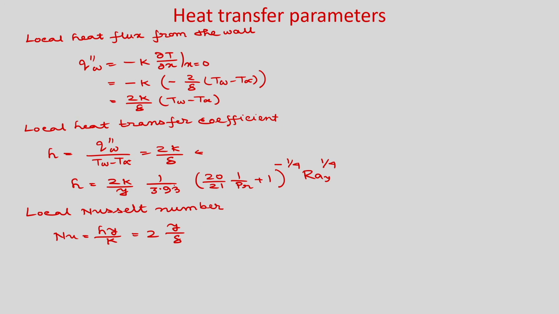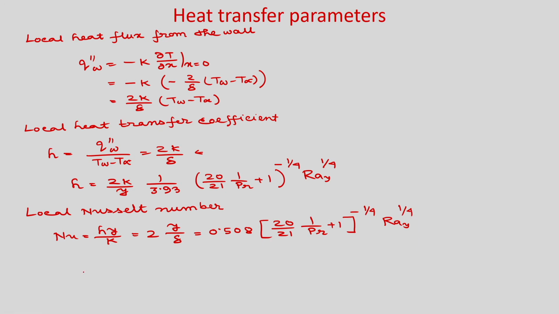So, if you put this value of delta by y, then you will get 0.508, 20 by 21, 1 by Prandtl number plus 1 to the power minus 1 by 4, Rayleigh number to the power 1 by 4.